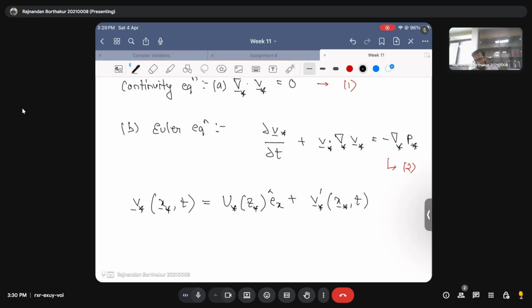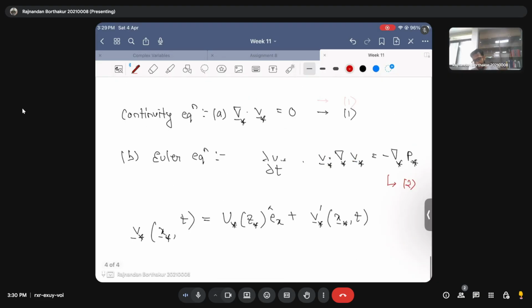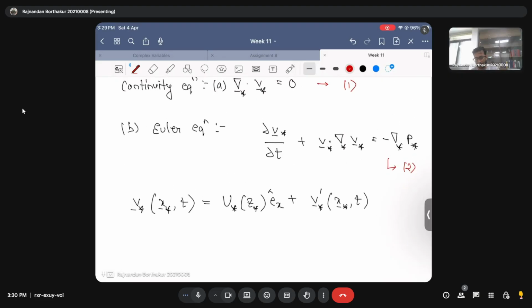As I was repeatedly saying in the previous 5-10 minutes, this is the total variable, this is my base flow profile, or the base variable, and this is the perturbations, for which eventually we are trying to solve, and we are trying to look into the equations that govern these perturbations.